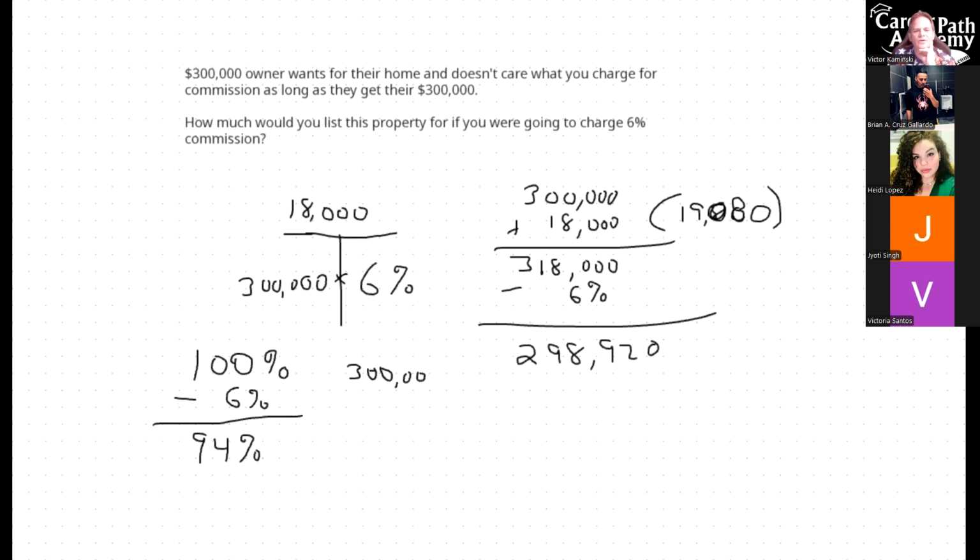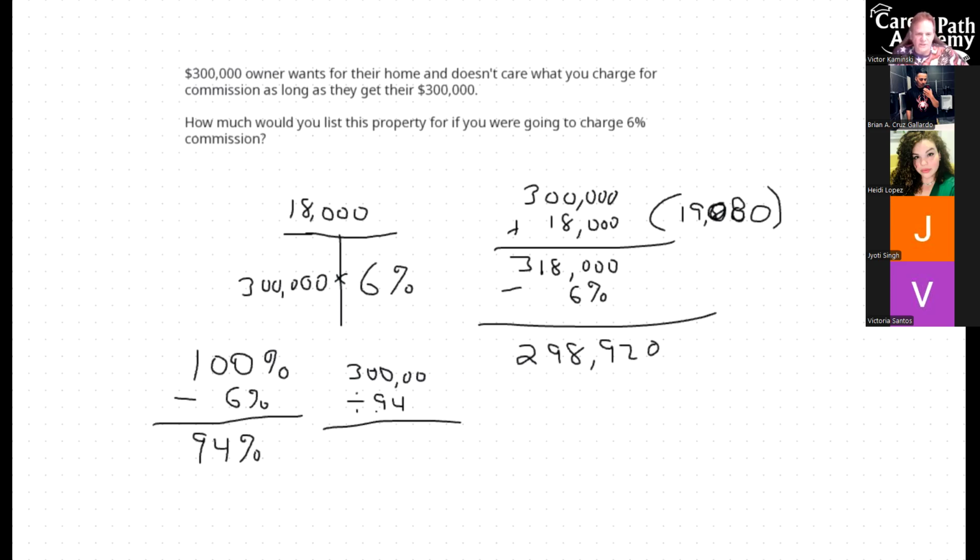So how much should you sell it for? 300,000 divided by 94% or 0.94.